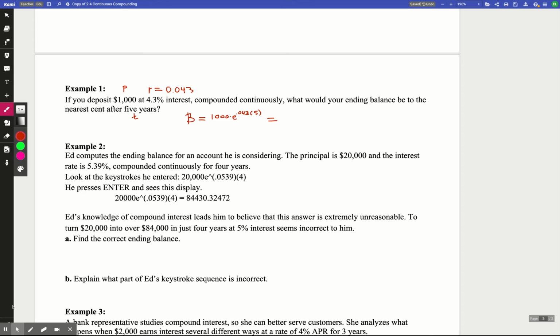And if you end up getting a different final answer than I, then you know you typed it incorrectly. So your final answer should have been $1,239.86.